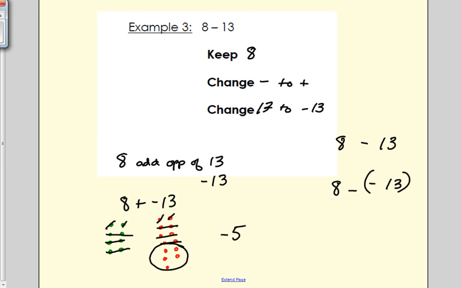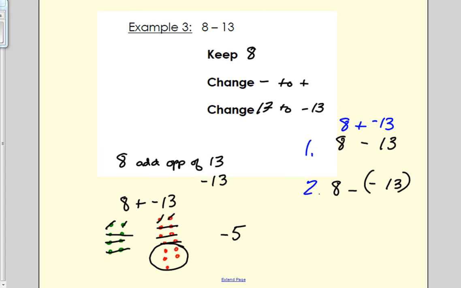Okay, and then we have 8 minus negative 13. So we're going to have 8 and the opposite of negative 13. So this one on the top, my first example, comes out to be 8 plus negative 13, just like we did over here on the left.